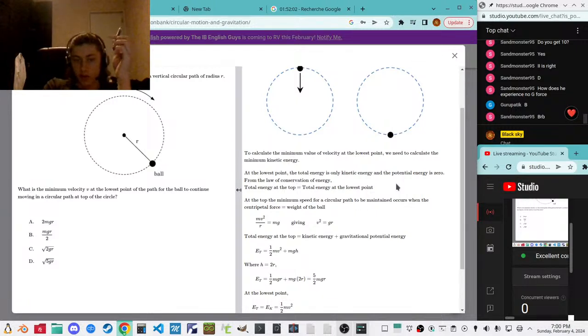So mv squared divided by r equals mg, giving v squared equals gr. Total energy at the top equals kinetic energy plus potential energy, where h equals 2r.